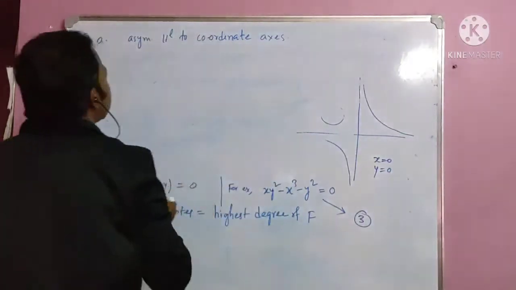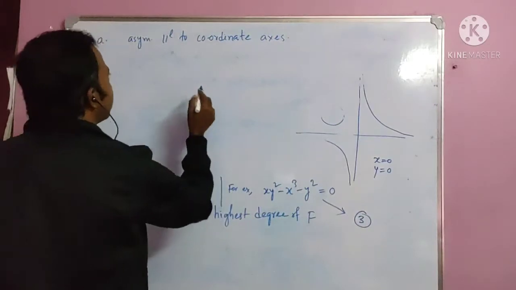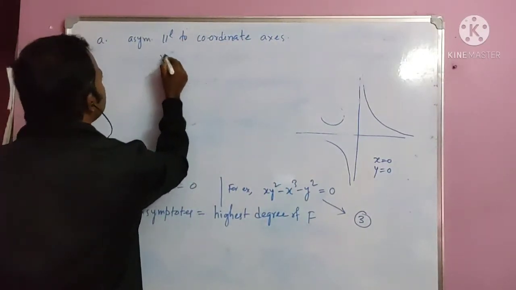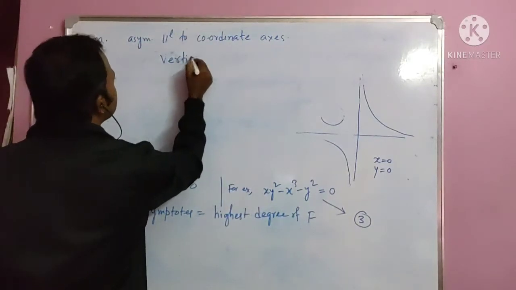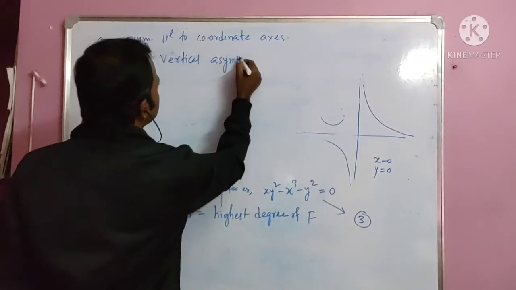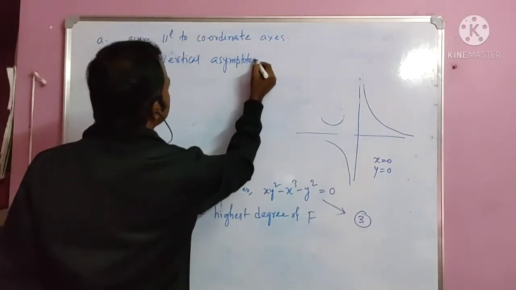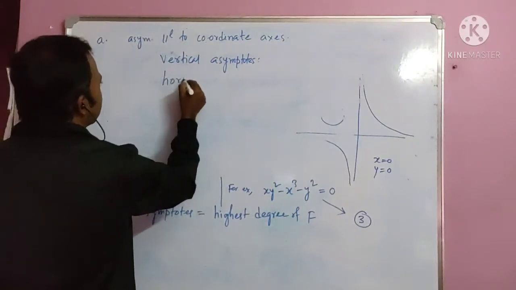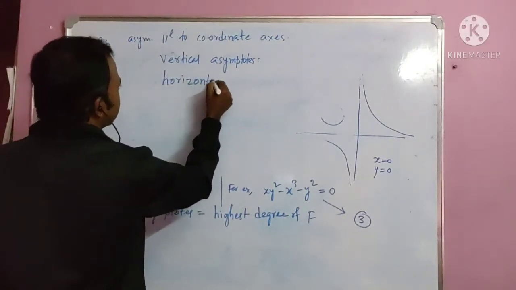This is the one portion. Now, the asymptotes parallel to the coordinate axis, either it would be vertical asymptotes, or it would be horizontal asymptotes.